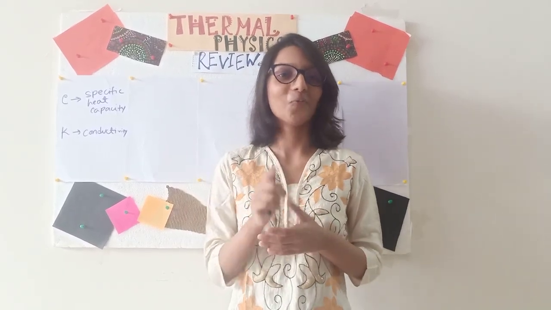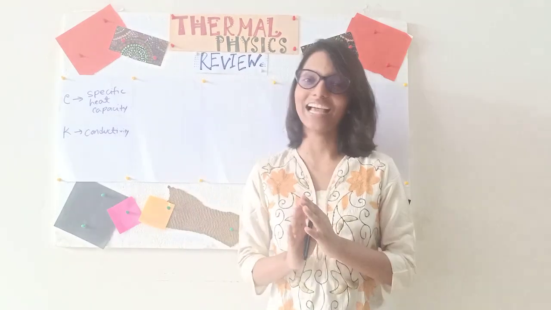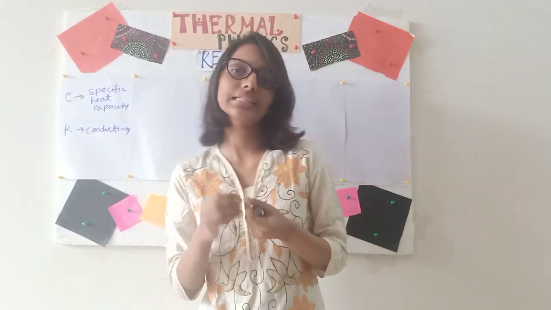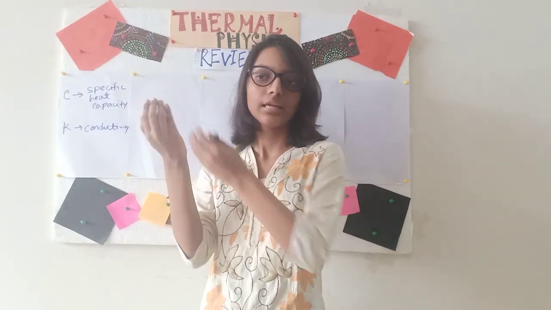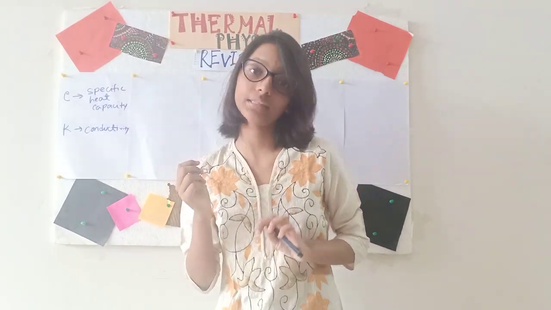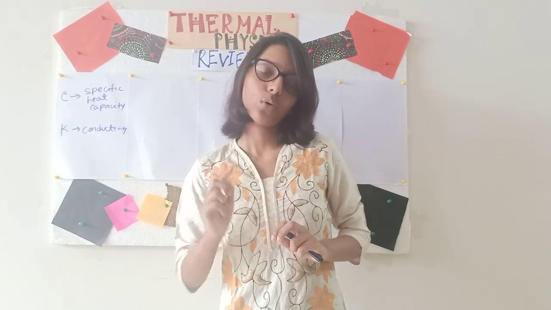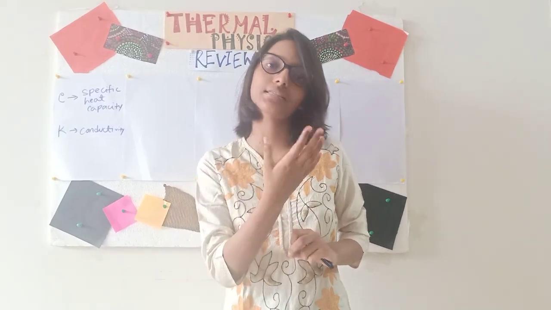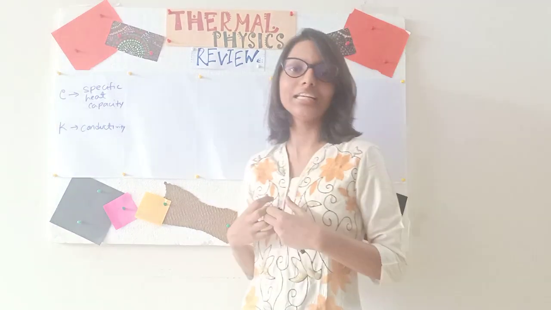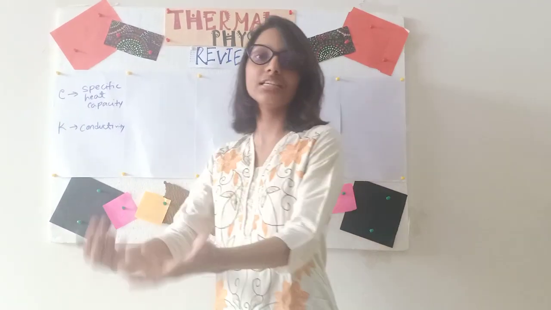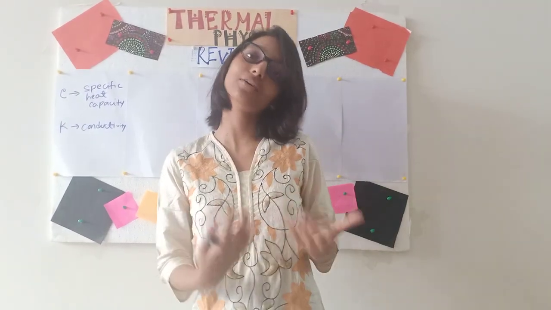Now one more interesting thing is there. Being ice, as the specific heat capacity has decreased, because from 4200 joules it has decreased to 2100 joules in the solid state, the conductivity of ice has now increased. Since it has lost some of its ability to hold heat, its ability to give away heat, which is conductivity, has now increased.